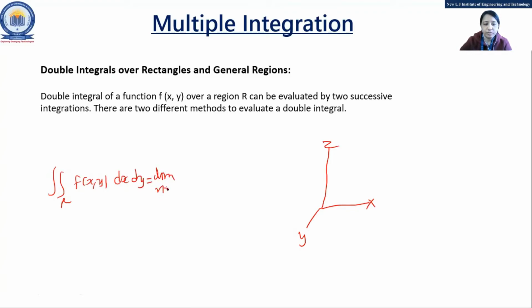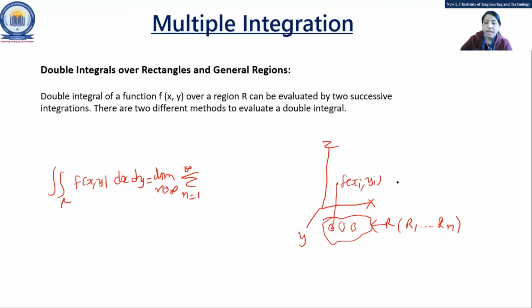We are going to do the summation over all the regions. Suppose one region R is there, it will be divided into R1 to Rn. There are so many regions. We'll take a point in Z, so this is my f(xi, yi), and it will give you one point zi.